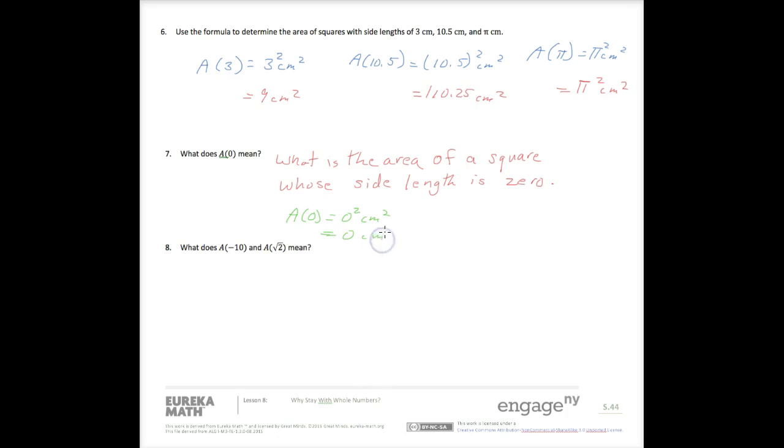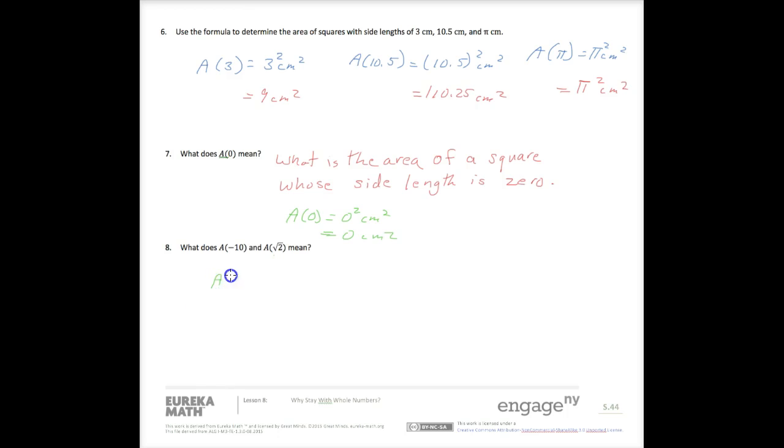No big deal. Okay, now these are a little more complicated. Since this is an area formula, we don't have distance that's negative. So for this one, it's a hypothetical situation, but there is no answer for it. This one, however, there is a possibility.